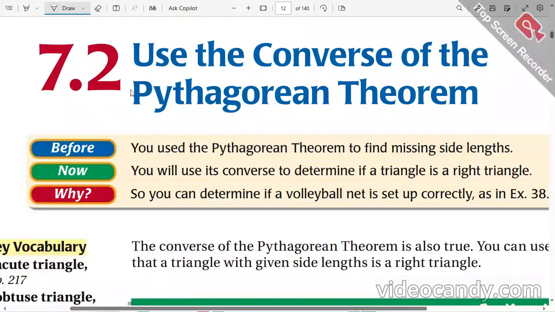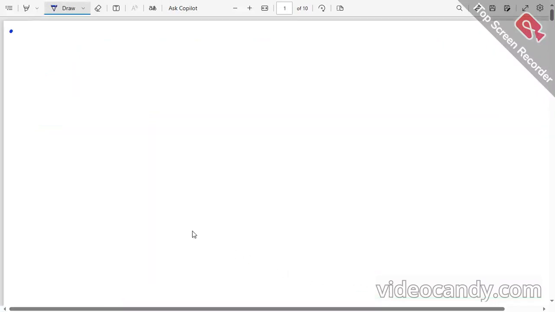Chapter 7.2, use the converse of the Pythagorean theorem. All right, just some notes before we begin. If you have a number underneath the square root, let's say you have radical x, and you square that, you basically just remove the square root.